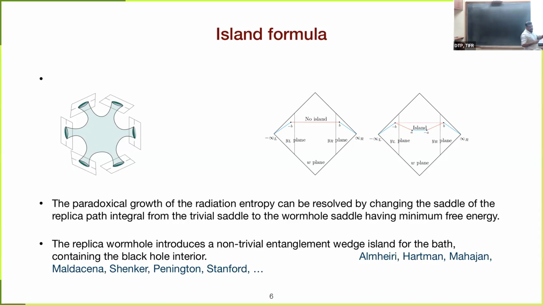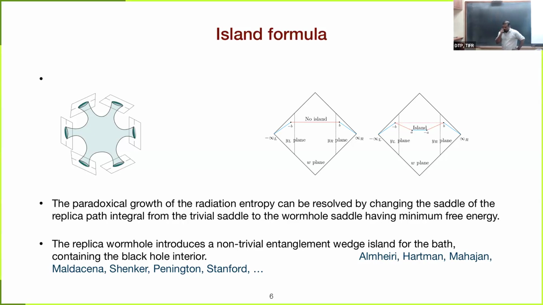Now, the moment you include the island, that's like saying that the pair that went inside to the island now has access from the Scribe plus. Because these 2 regions belong to the bath now. Yeah. So the bath has both parts of the Hawking pair.